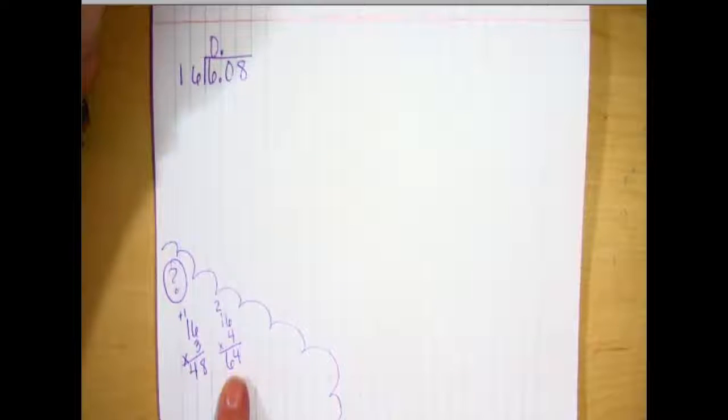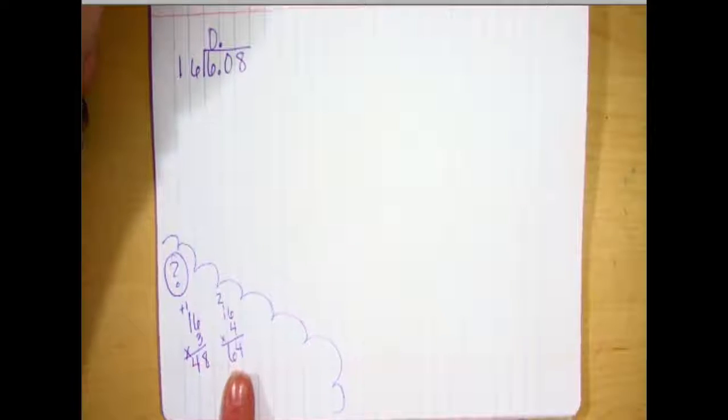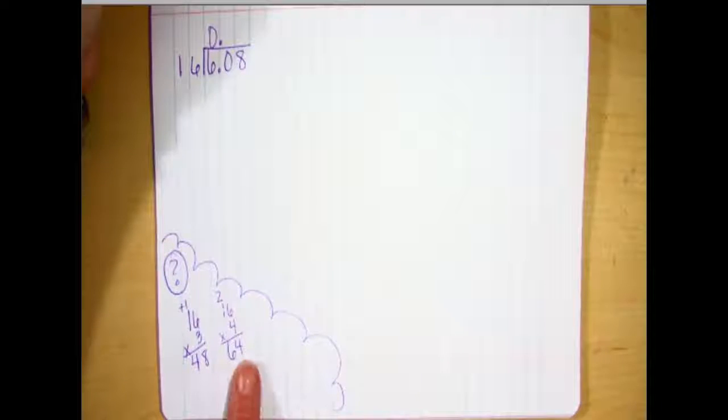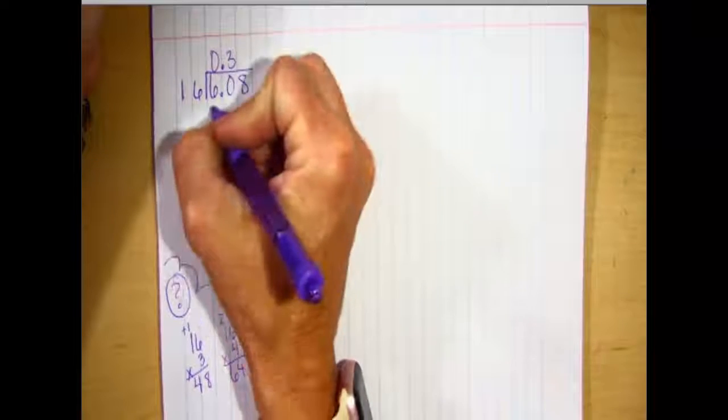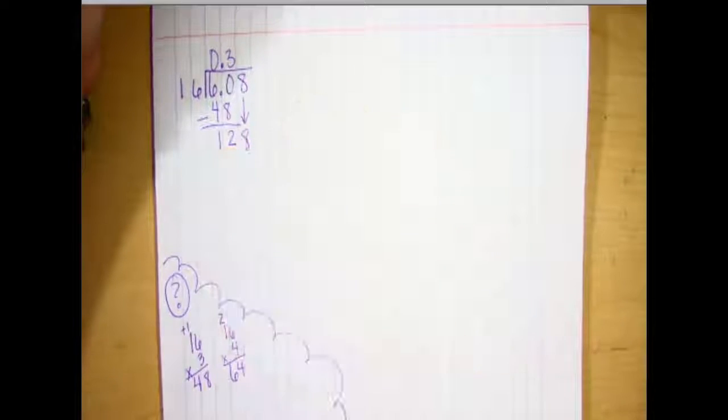Uh-oh. It went over just by a little bit. So now I'm going to save this for later because I might need it. And I'm going to put my 3 up here, my 48 here. And I'm going to do 60 minus 48, which is 12. And I'm going to bring down the 8.